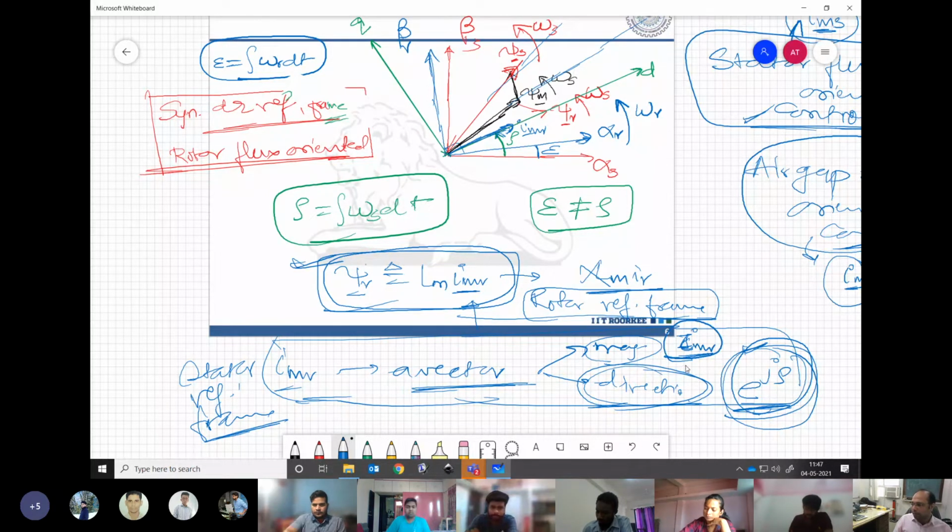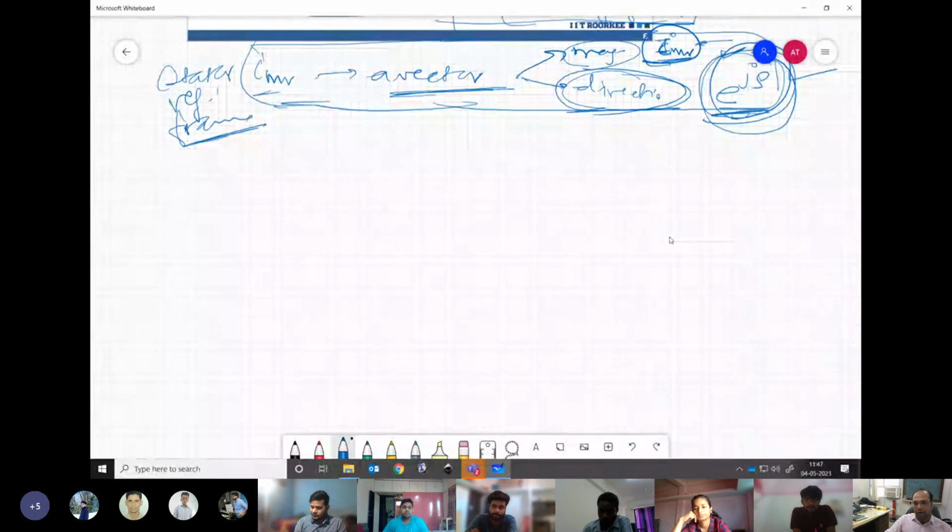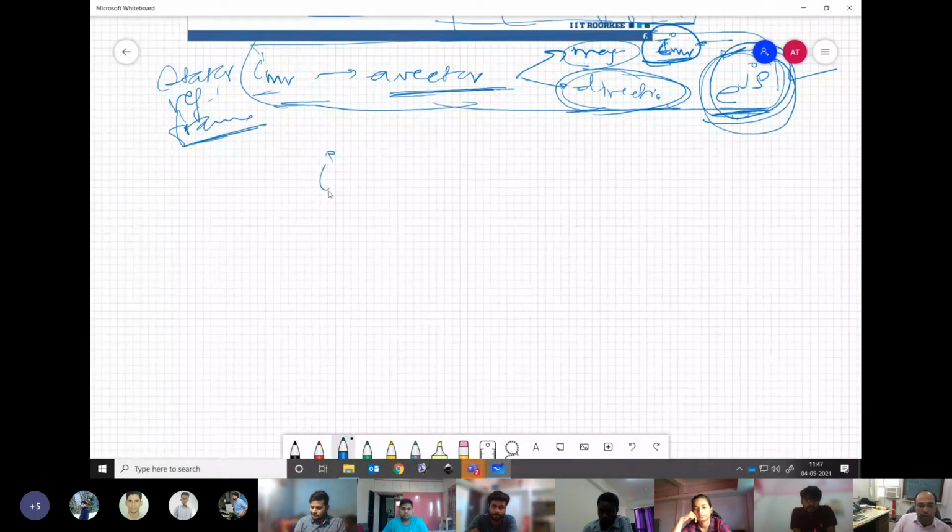Understanding my point? This again we are defining that, okay, let us assume that the vector is having a magnitude IMR and the direction is given by e raised to the power j rho. So this IMR vector in a stator reference frame can be given by IMR magnitude into e raised to the power j rho.